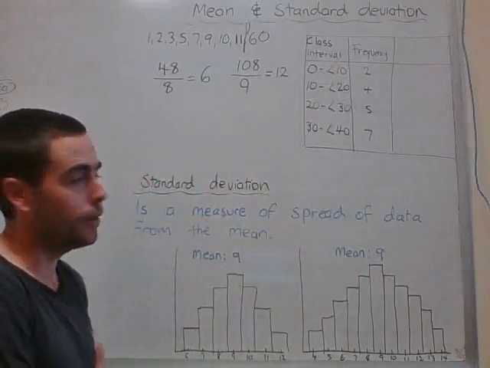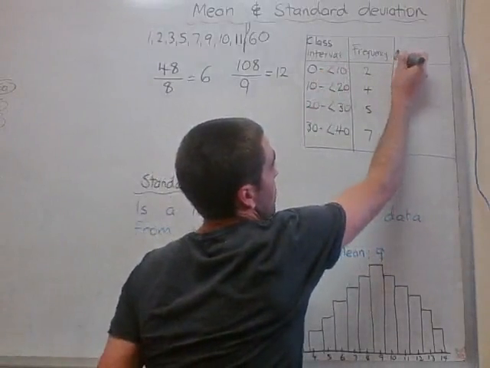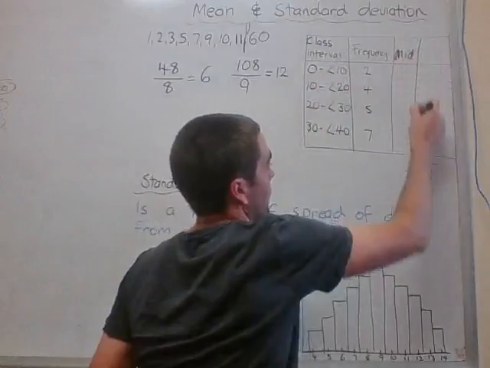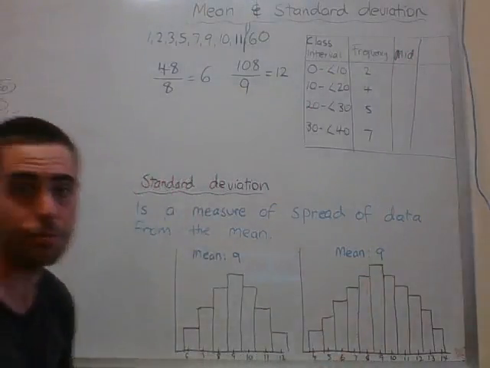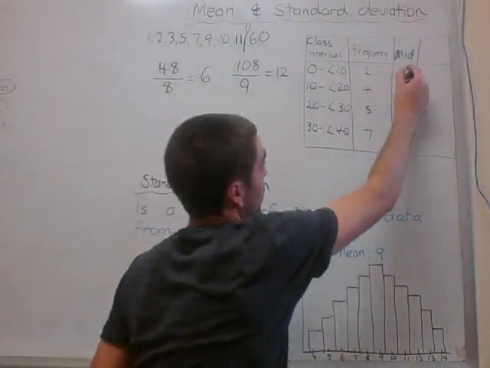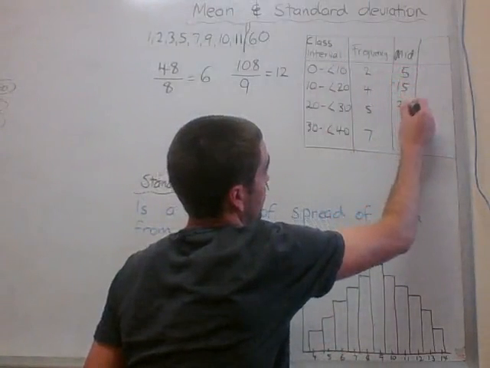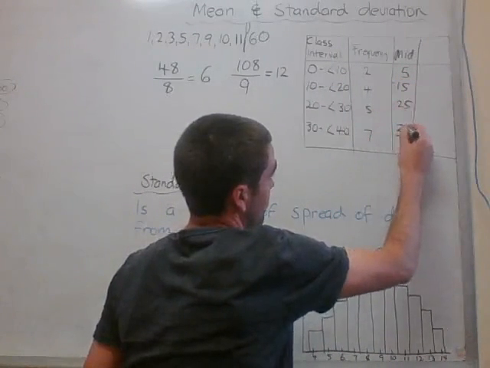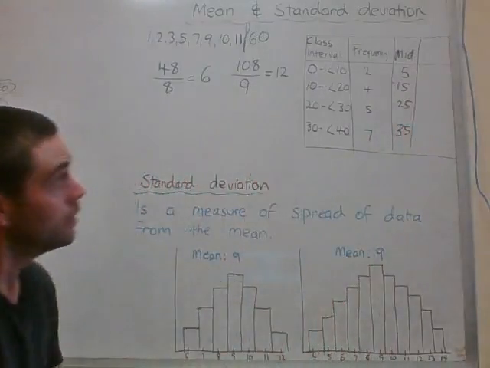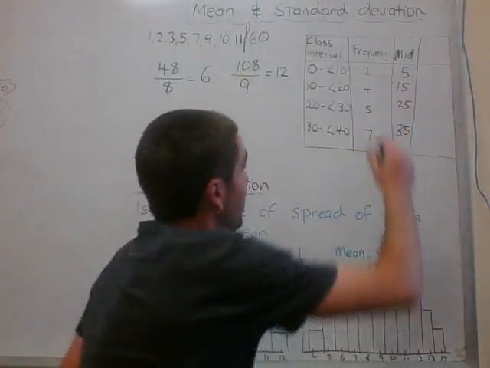First step is we need a midpoint of each of our groups. So the midpoint of the first one is 5, then 15, then 25, then 35. Next step, we need to multiply our frequency by our midpoint.